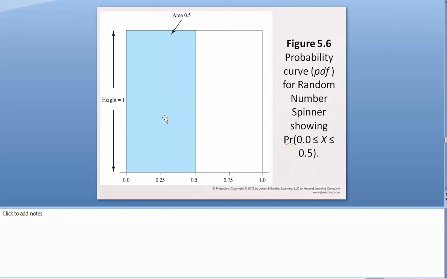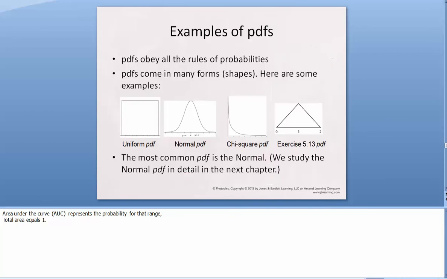So that's pretty much what you need to remember when you talk about a PDF. It is the area under the probability curve for the specific range that you are interested in. Let's go to the next one. Here are examples of PDFs. These are different shapes of continuous random variables. The most common probability distribution is the normal, the bell curve.